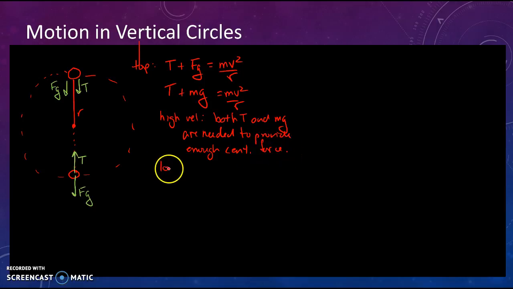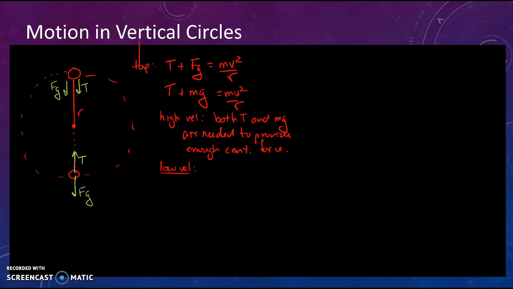But at low velocity, the tension is going to get less and less. Again, we have mg, which is not going to change. And so as v goes down, and as we need less and less centripetal force, this tension is going to go down, decrease, decrease, until eventually it reaches zero.